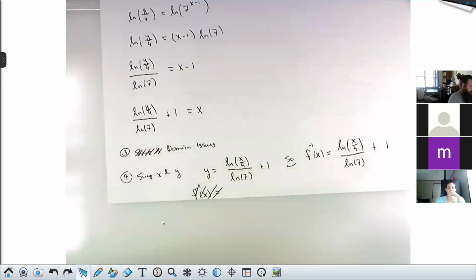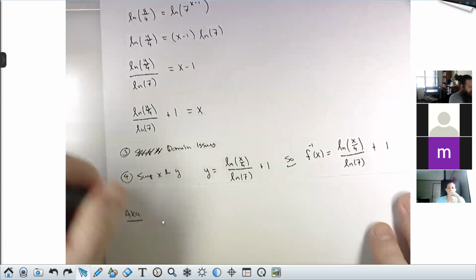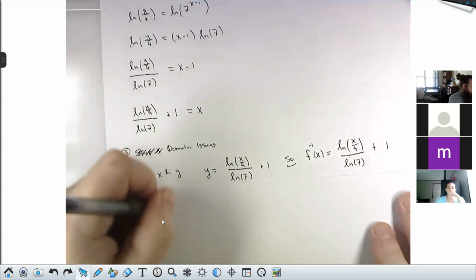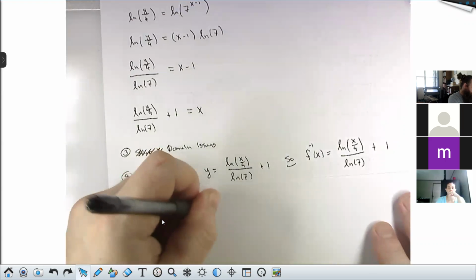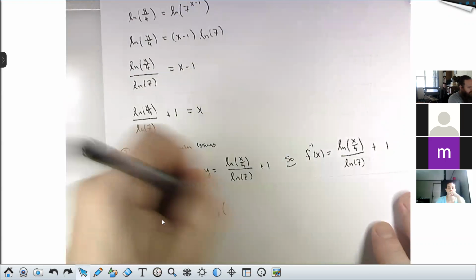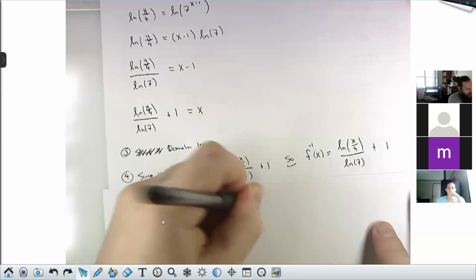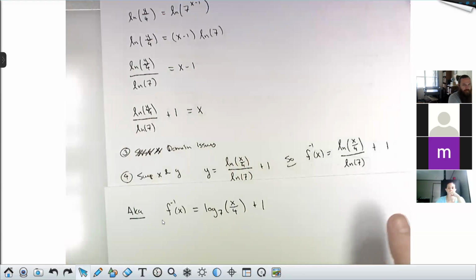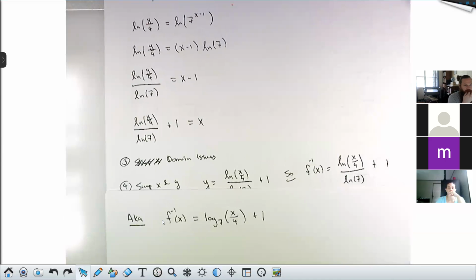That piece right there is AKA f inverse of x is the base 7 log of x over 4 plus 1. I think that just looks nice. And it also is kind of easier to compare the pieces to the original.